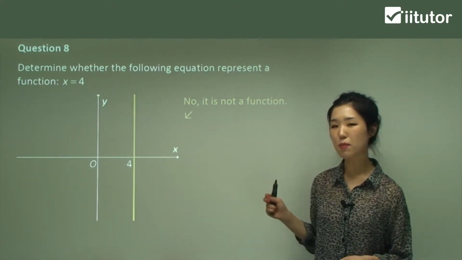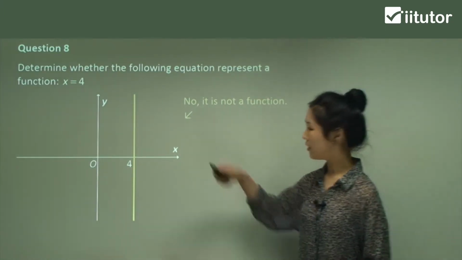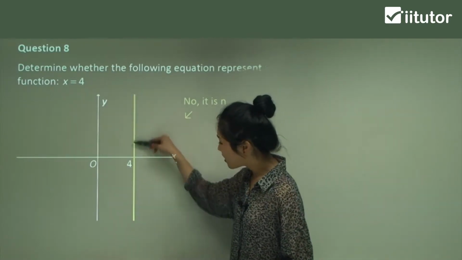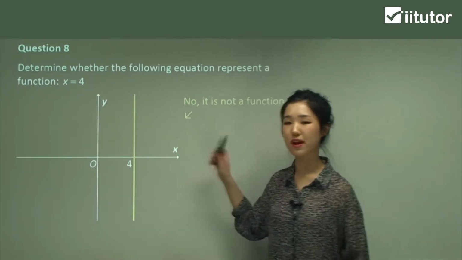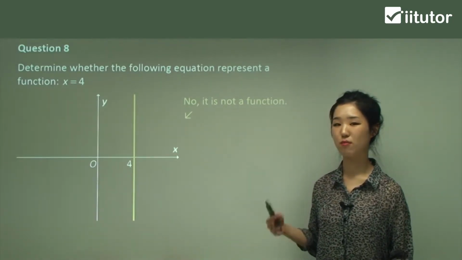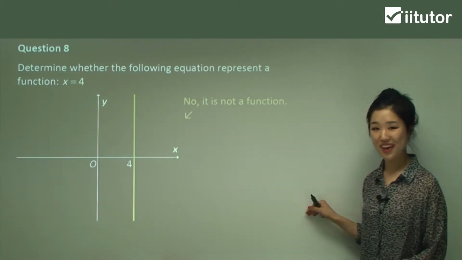Some people think that it's only touching it once, so it is a function, but that's not true. This vertical line touches that graph in an infinite number of places, so definitely more than one, probably more than 1,000 positions. So therefore it's not going to be a function.